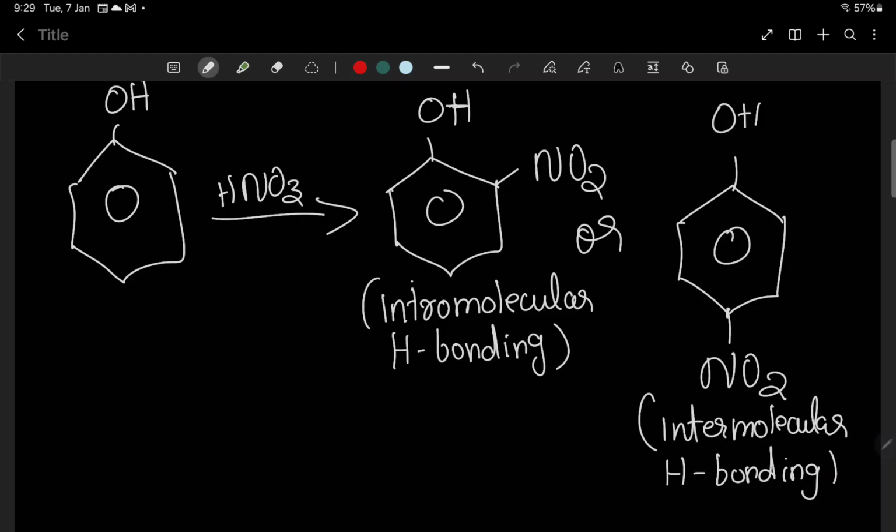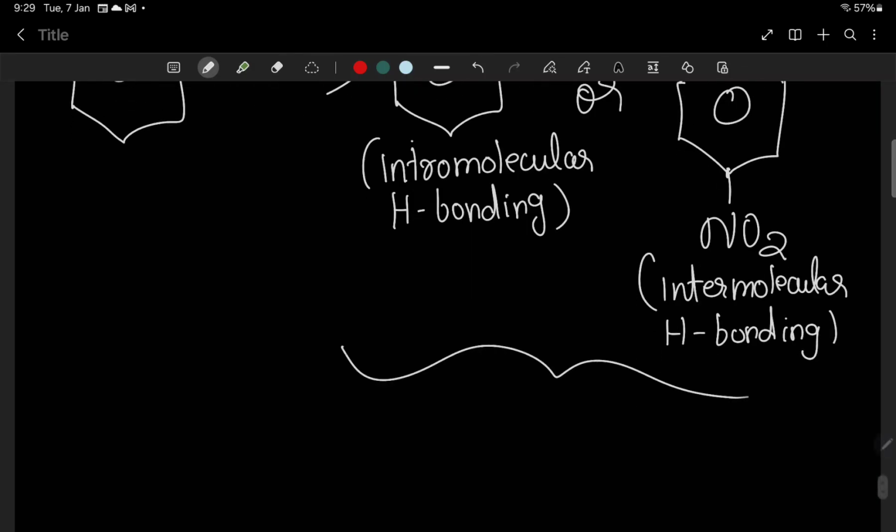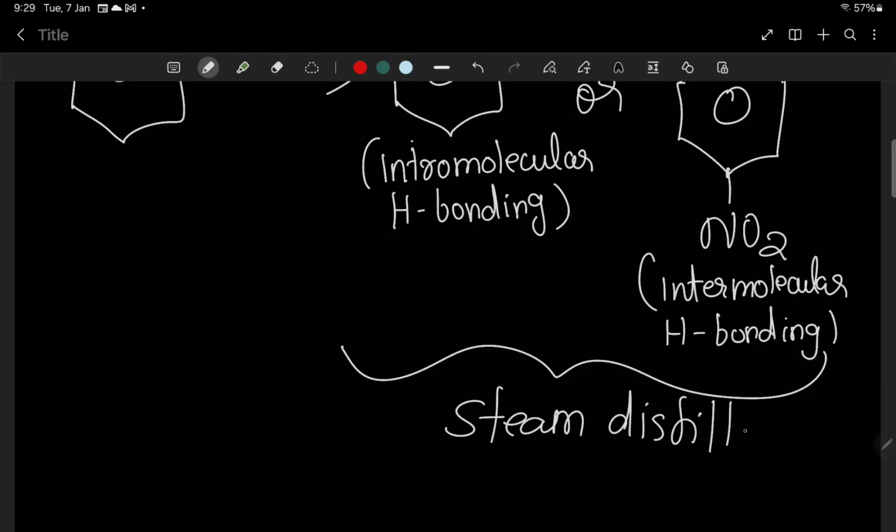So the ortho and para isomers can be separated by which method? Steam distillation, due to their different boiling points. Which one has the higher boiling point? Intermolecular hydrogen bonding means its boiling point is more. Intramolecular hydrogen bonding means its boiling point is less.